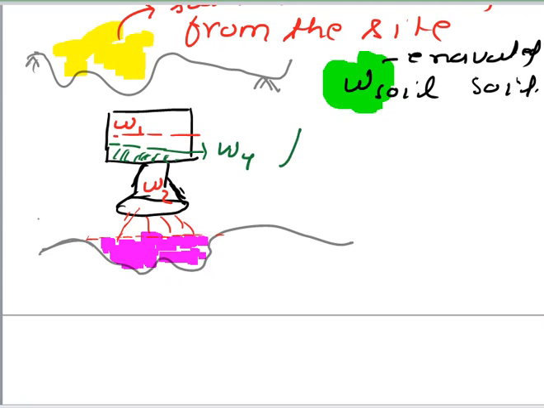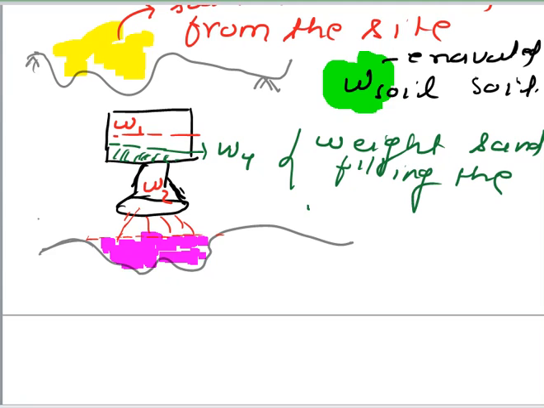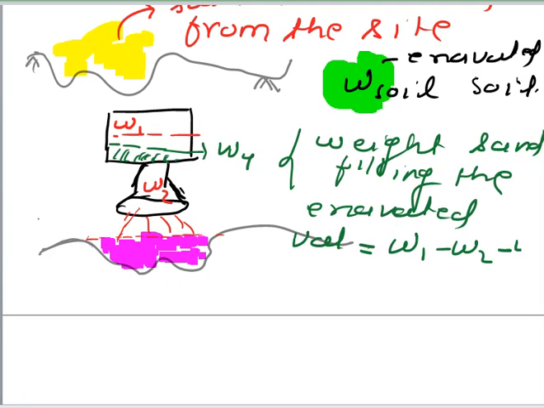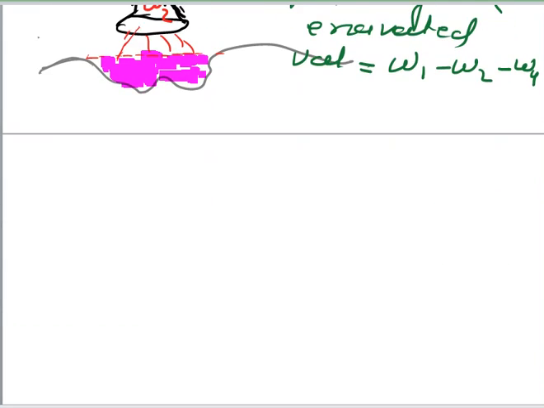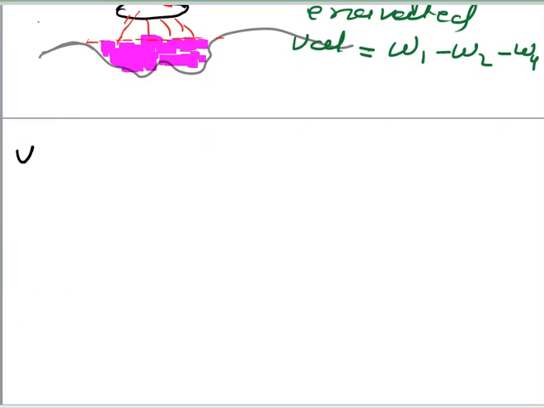So what is the weight of sand filling the excavated volume? It is W1 minus W2 minus W4. Now since we have the weight, we can get the volume of the excavated space easily.